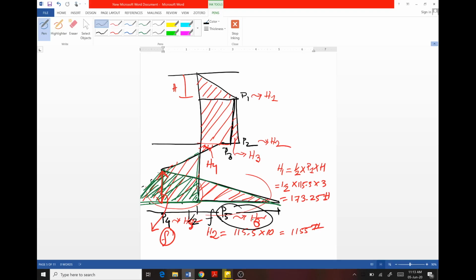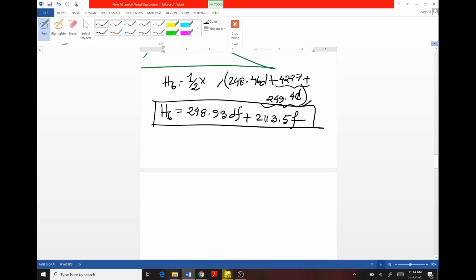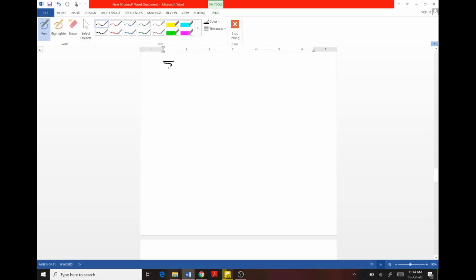All the forces we have taken as H1, H2, H3, H4, H5, H6, the summation of this total horizontal force must be 0. Now, summation of Fy is equal to 0.